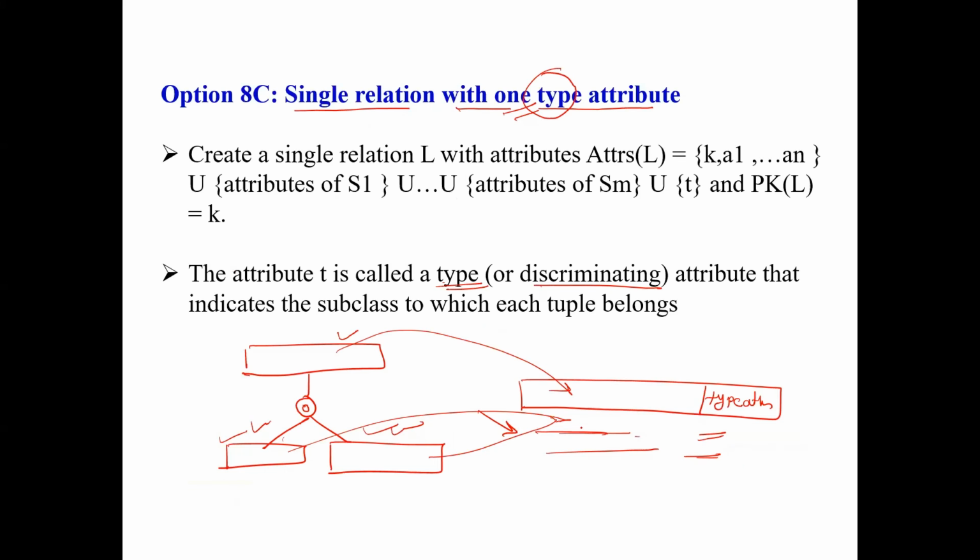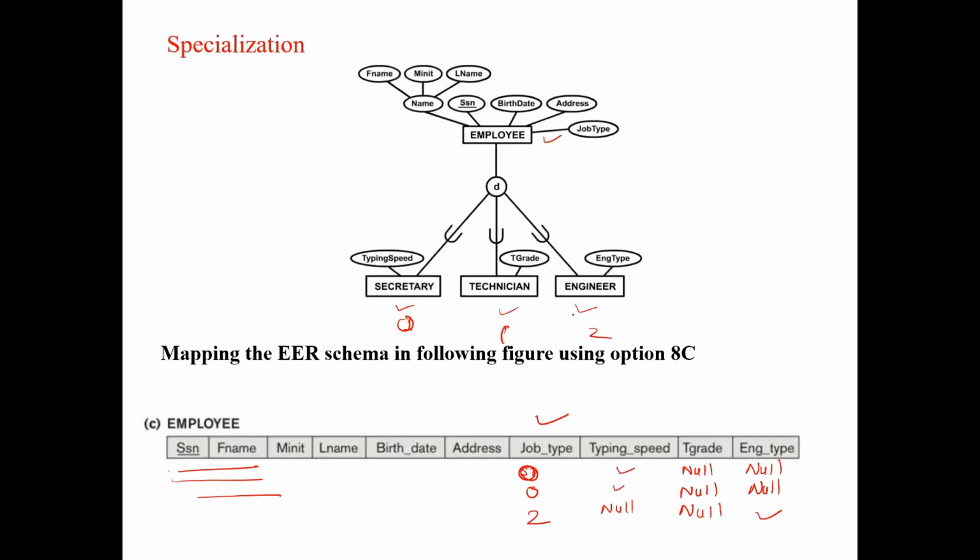Okay, so here we are adding only one type attribute to indicate the subclass to which each tuple belongs. So this tuple 1, this tuple 2, this tuple 3, or we can say the records, belong to a particular job type.